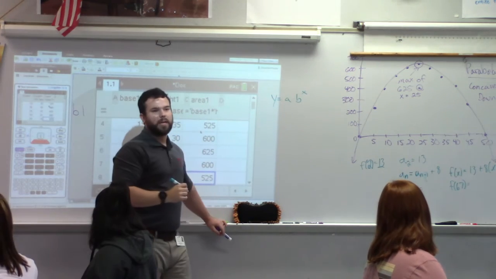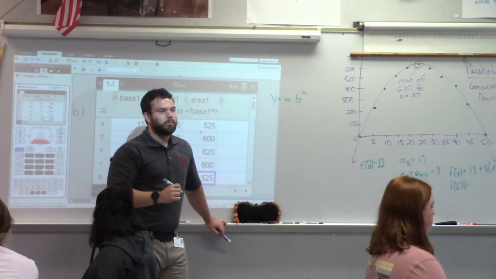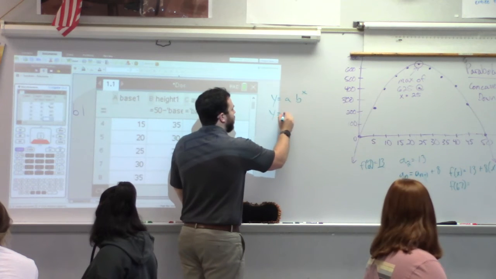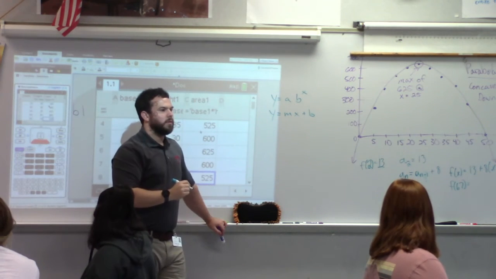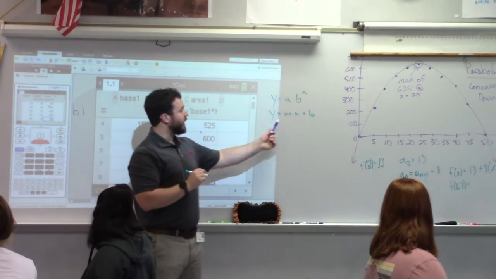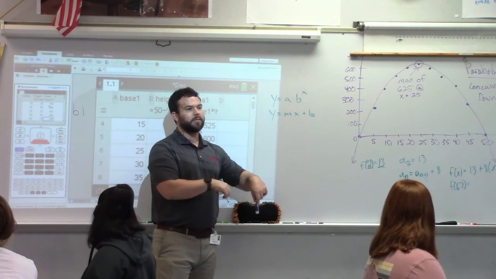What's the input for that equation? X. That's only one input, right? When you think about the linear equation, what's the input? Not mx plus b, just the x. Remember, the m is my slope, the b is my y-intercept. But just the x is my input.